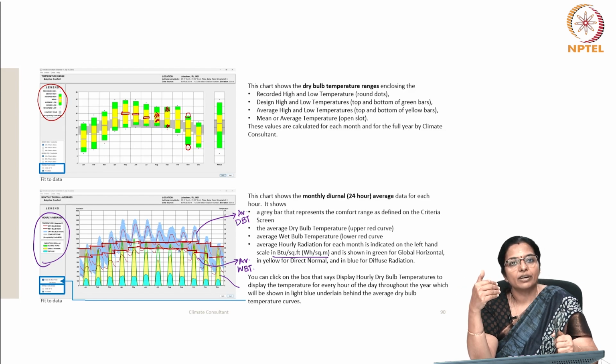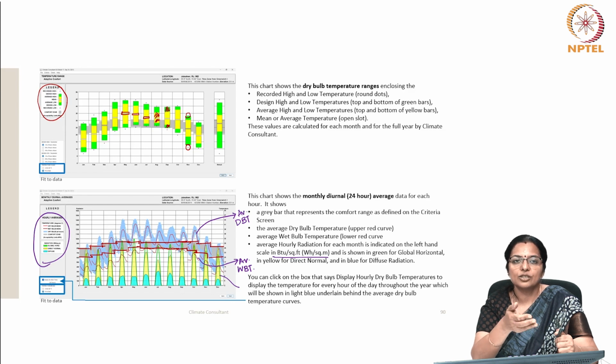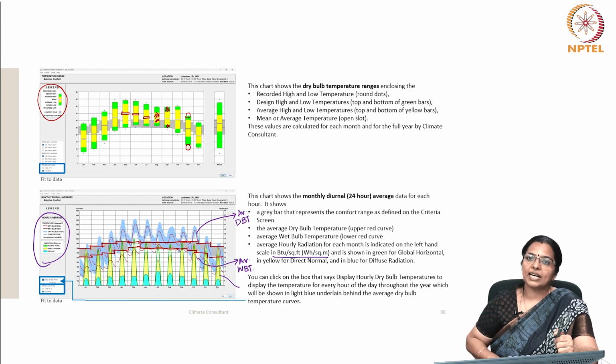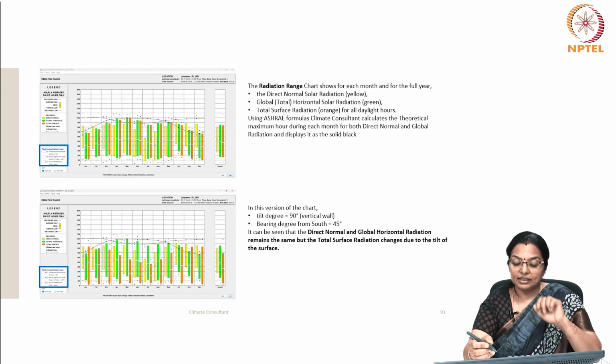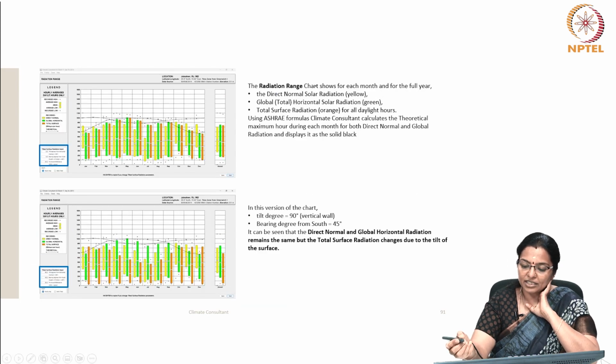All this is very difficult for us to calculate manually. The task becomes very large, but a graphical representation like this is good enough for us to extract and understand the data. Then comes the radiation range.